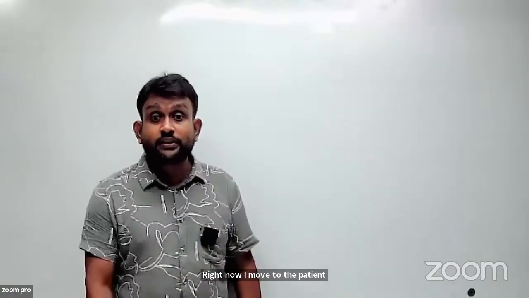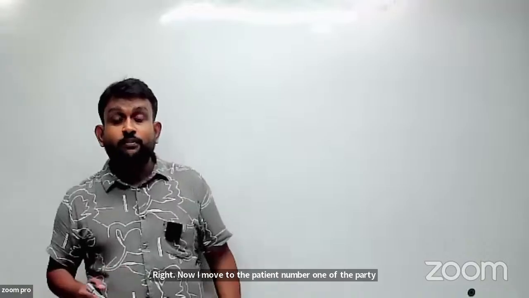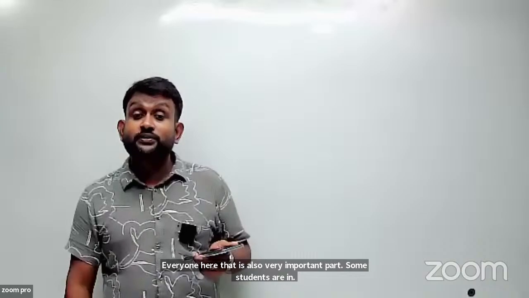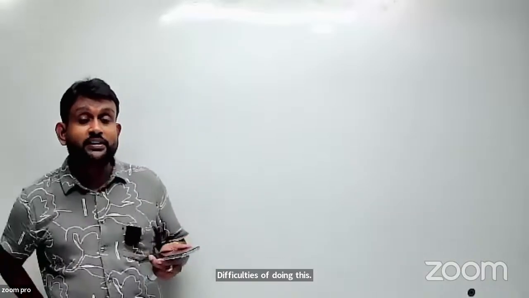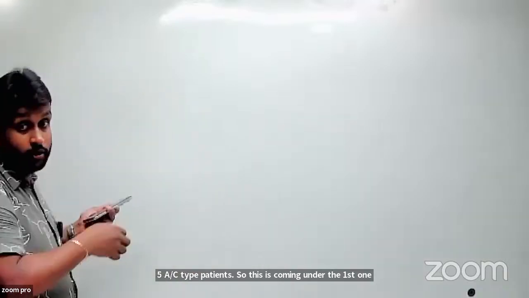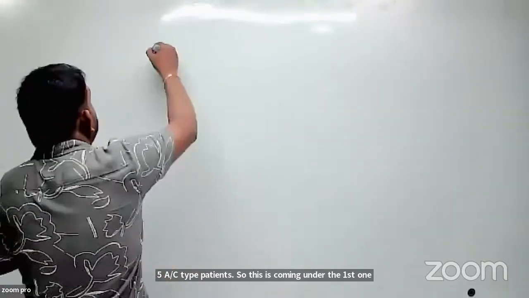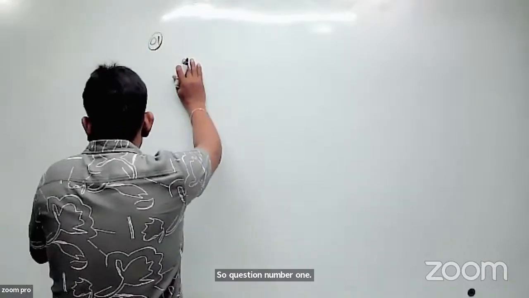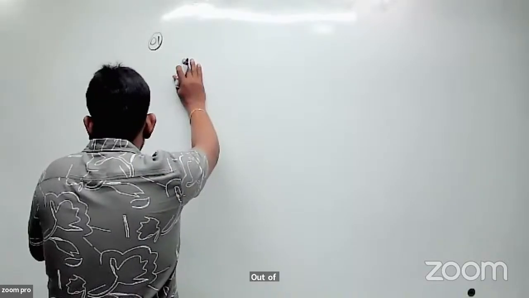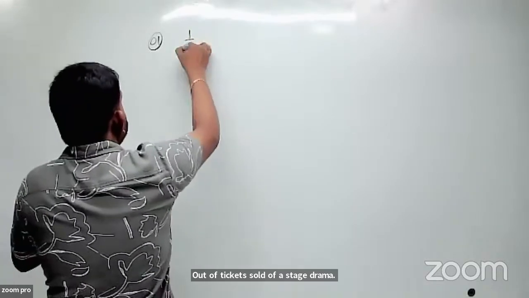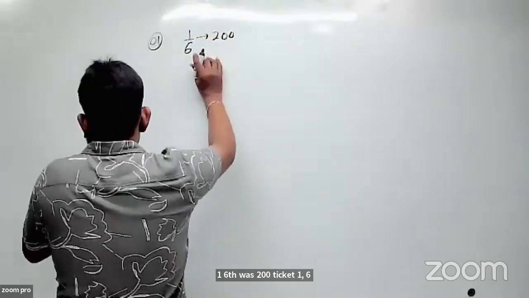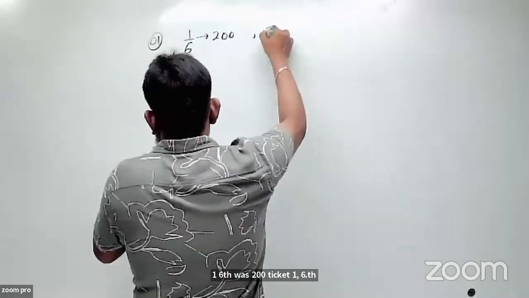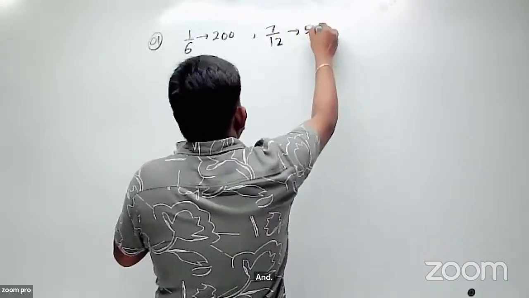Everyone concentrate here, that is also a very important part. Some students have difficulties doing these 5 essay type questions, so this is coming under the first one, fractions. Okay, see how this question is solved. Question number 1: out of the tickets sold for staging a stage drama, 1/6 was 200 tickets, and 7/12 was 500 tickets.